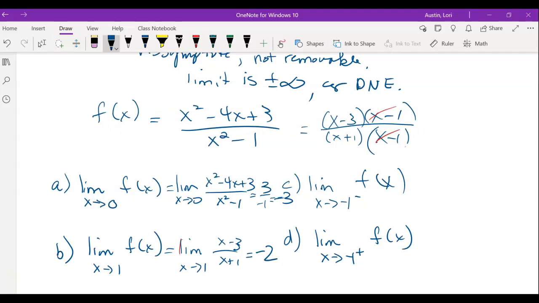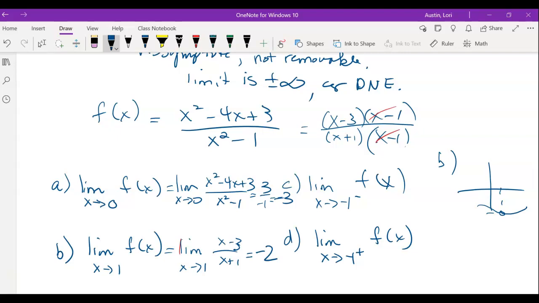Everyone agree? So what does that mean in terms of our graph for part B? That means somewhere when the graph hits 1, it's getting here, there's a hole, and it's continuing. Okay, there's a hole down here at -2.